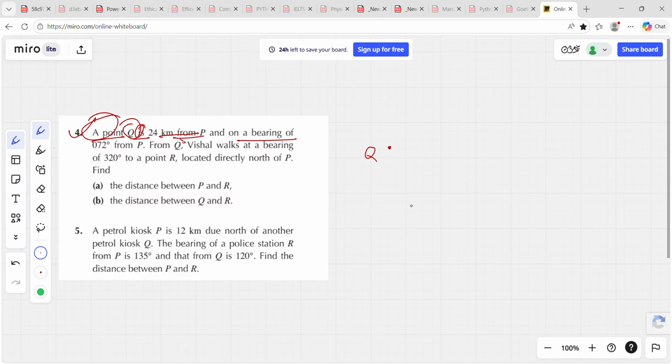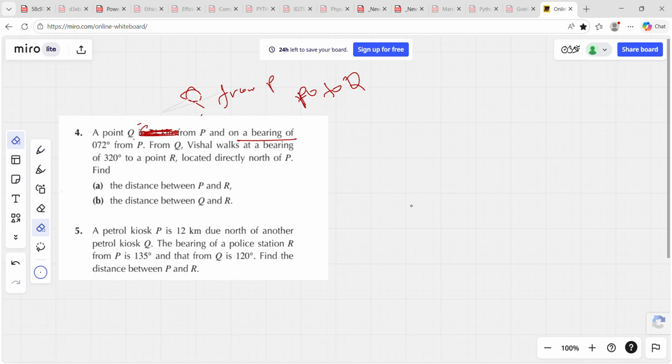First of all, we are ignoring this now: q from p. What does q from p mean? It's like p to q. So we have to draw p first, then q, then we will understand how to solve the problem.